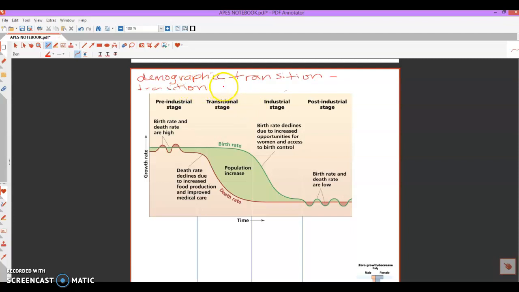It's a transition from higher to lower birth and death rates as development occurs.